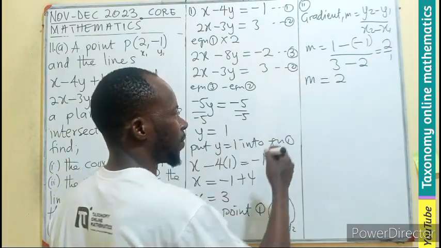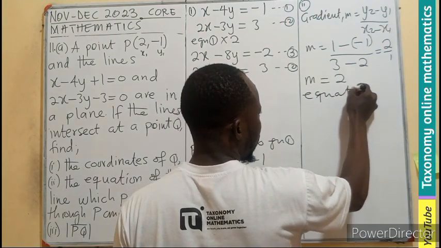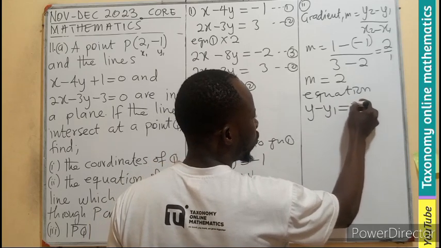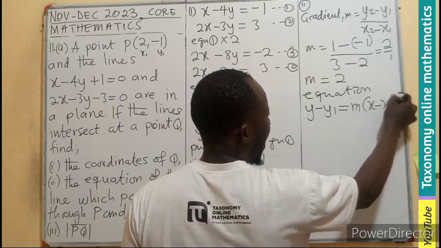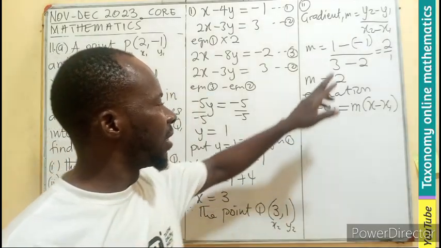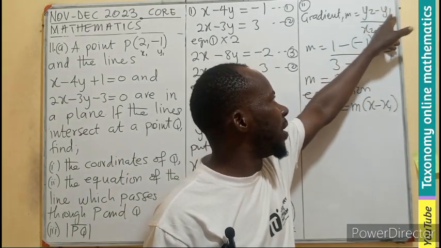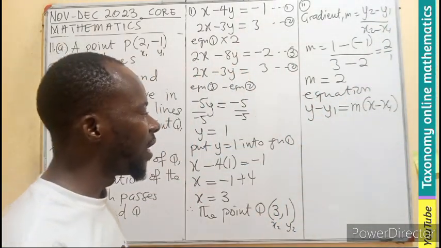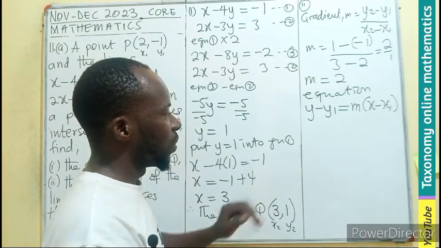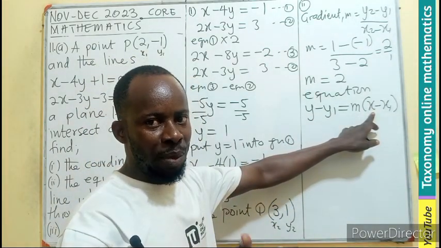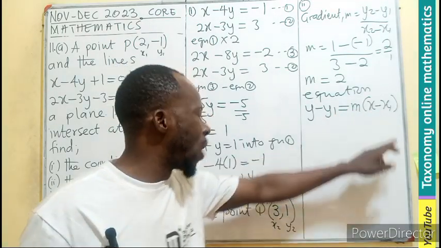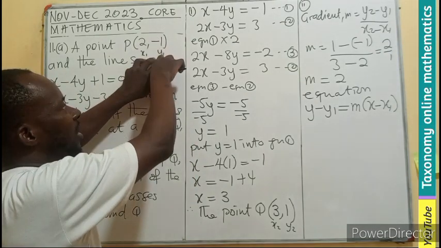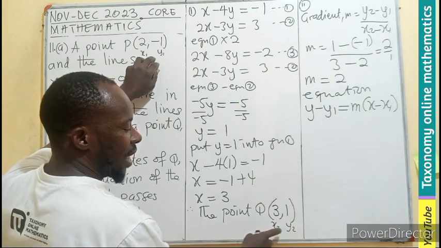So the gradient of the points PQ is 2. To find the equation, we can use y minus y1 equals m times x minus x1. We can still find this using y minus y1 over x minus x1 equals the gradient of the points, so we can still get the same answer. But I prefer this one where y and x are in the plane. Therefore, x1, y1 will be either of the points.